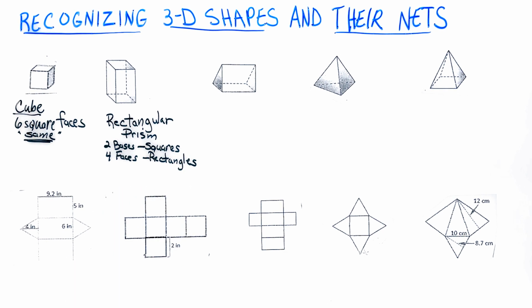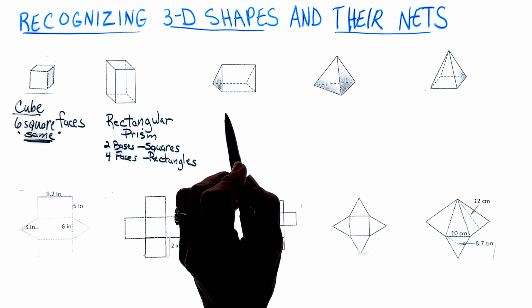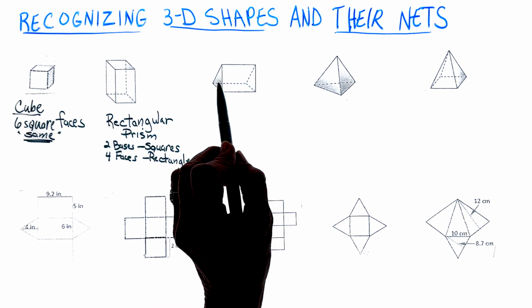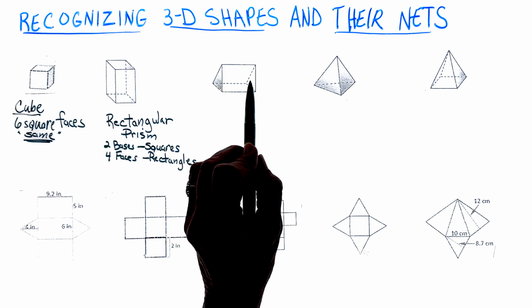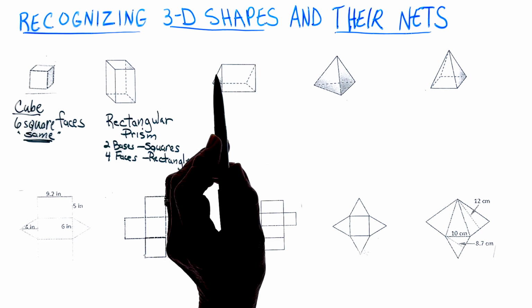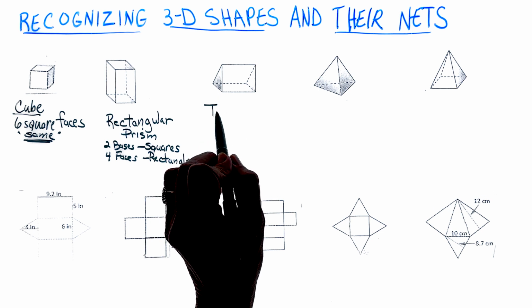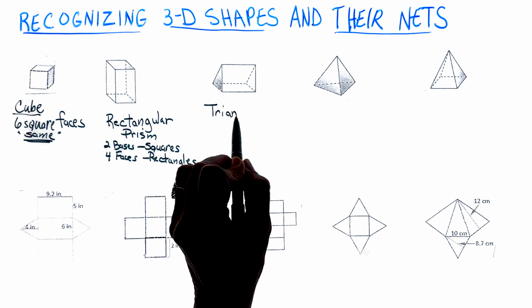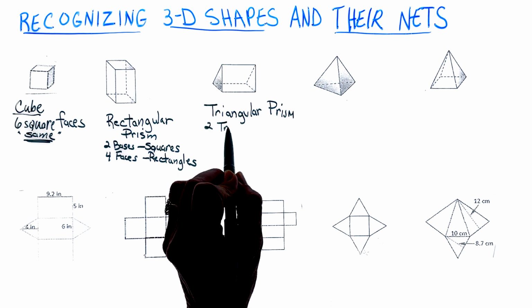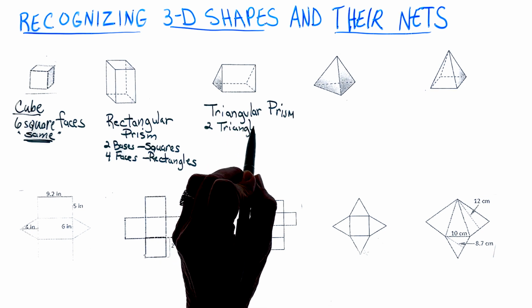All right, for the next one, this is a prism also, but because of its base, and here is one, and here is the second one, we name it from the base. It's a triangular prism. It has 2 triangle bases.